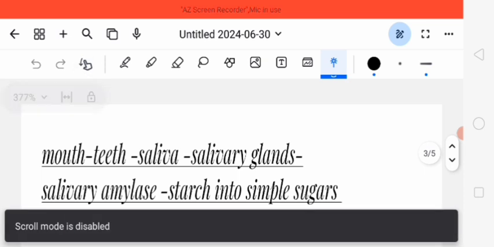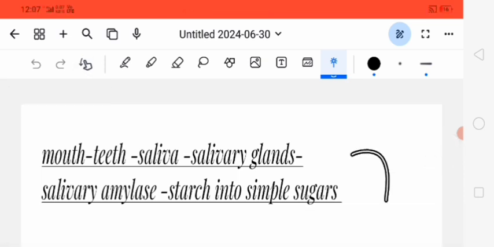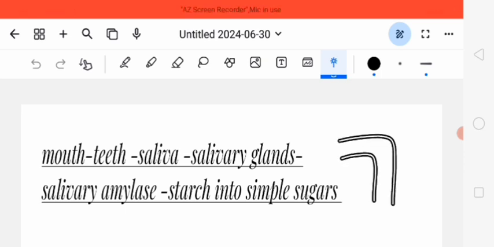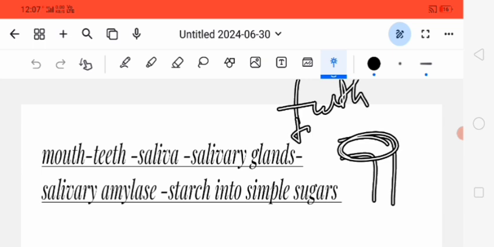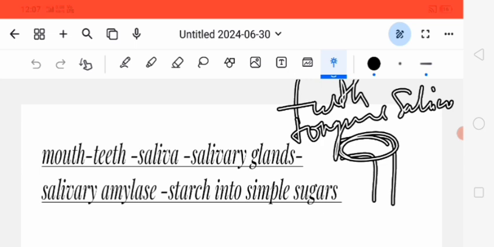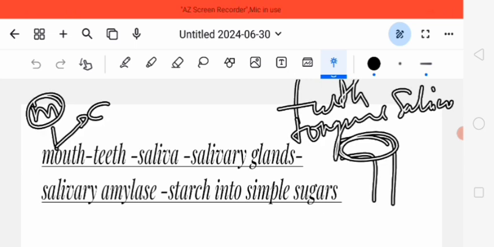When we see the food, our mouth waters. Why? Basically it is not water, it's saliva. When the food enters, the mouth has teeth, tongue and saliva. Mouth undergoes both mechanical digestion and also chemical digestion.